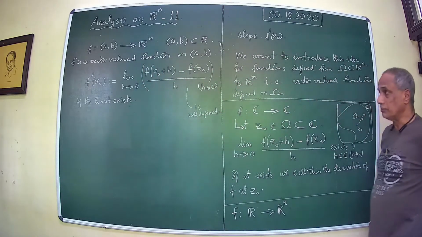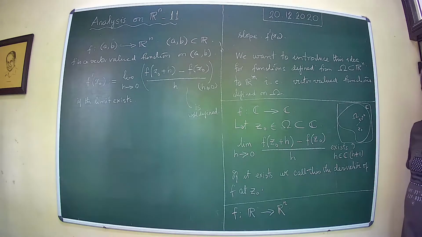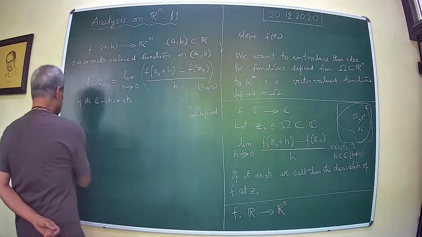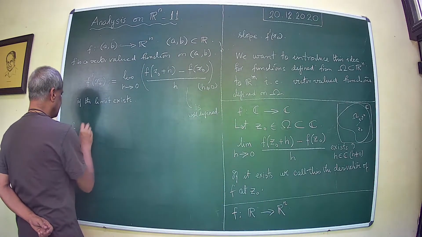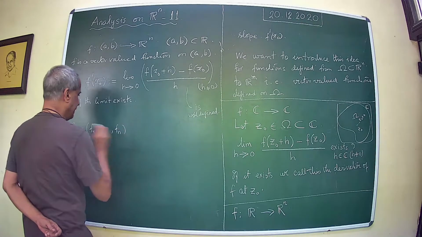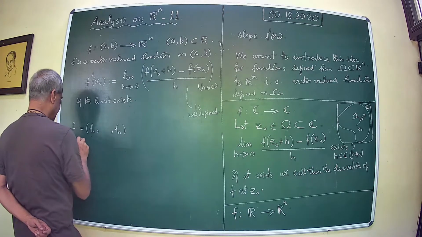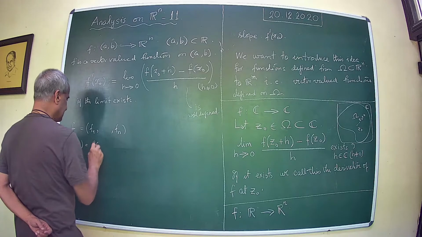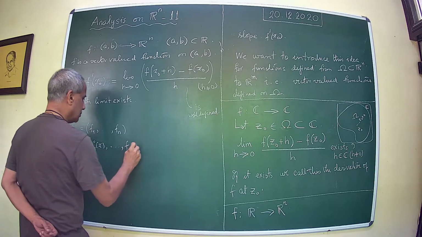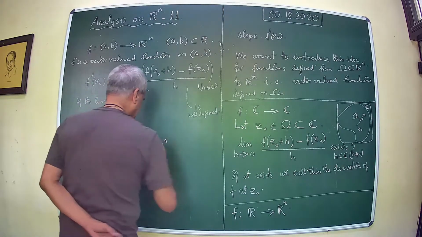Now the problem that you ask is this: whether the limit exists or not. So if you write this in the component form, suppose f is written as f1 to fn, then you see that f of x equal to f1 x and so on.